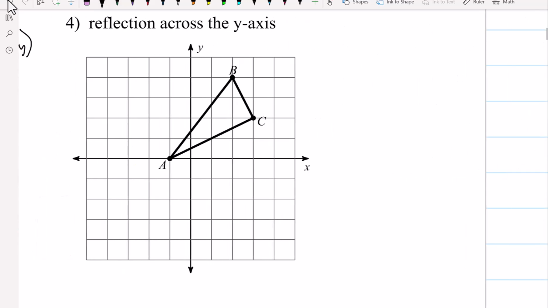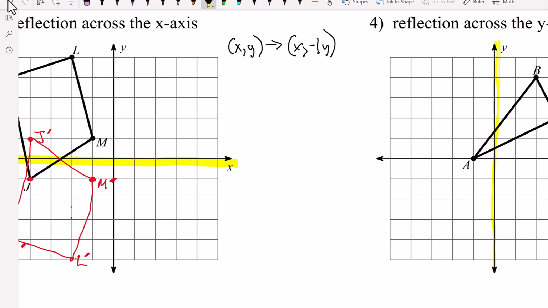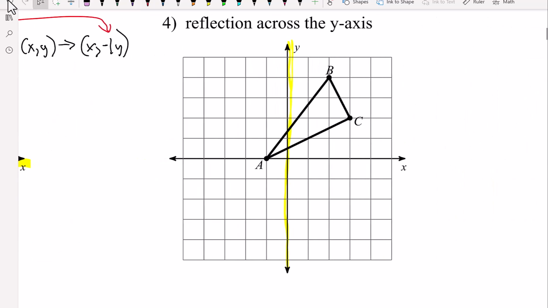Okay, so now we're going to reflect across the y-axis. So when we reflected across the x-axis, we multiplied the y's by -1, and what do you bet? When we reflect across the y-axis, x's will be multiplied by -1.